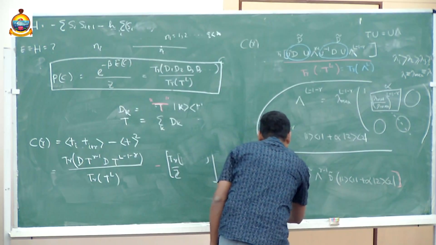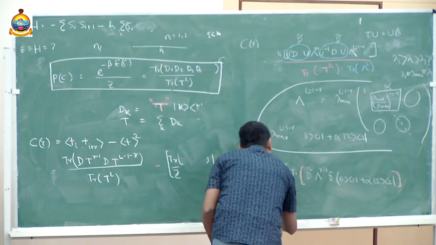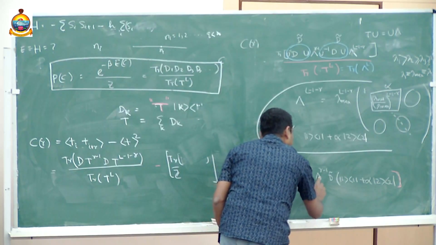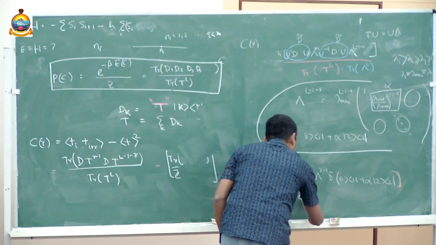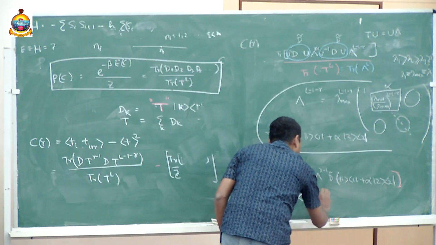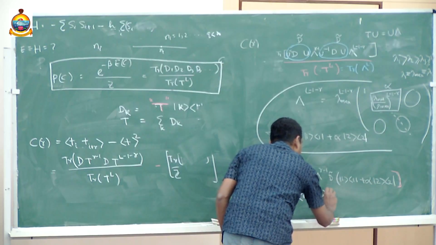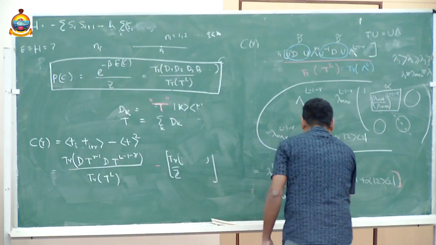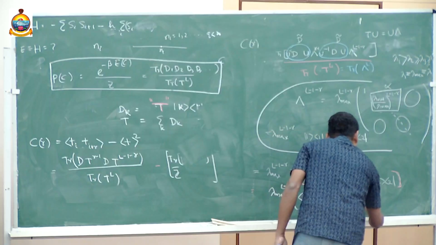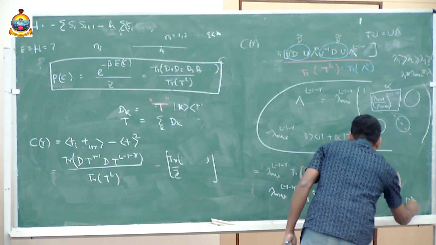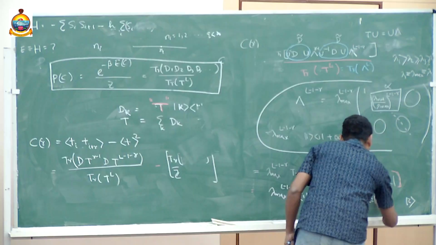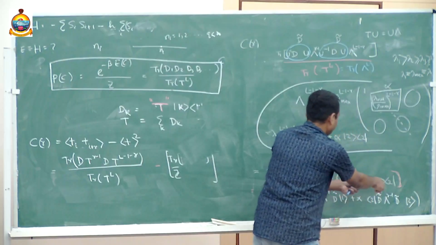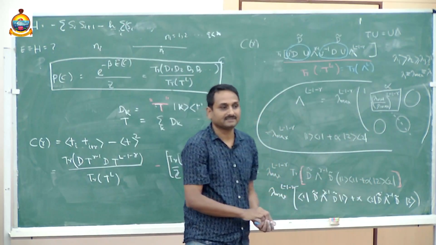So the first term equals lambda max to the power L minus 1 minus R, and this will be just 1 D tilde lambda to the power R minus 1 D tilde 1, plus alpha 2 and D tilde lambda to the power R minus 1 D tilde. Because this 1 1 just becomes the element of that in the trace.